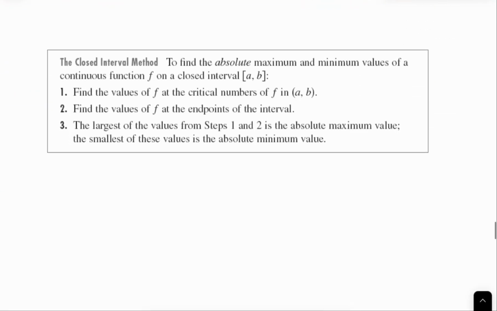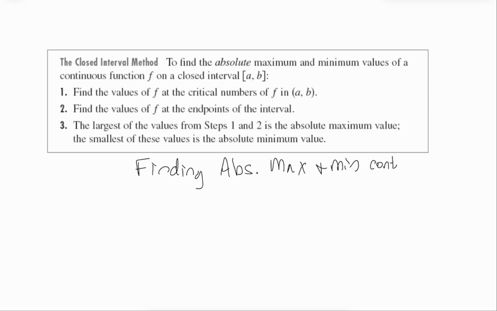Now let's talk about finding the absolute maximum of a continuous function on a closed interval. It's called the closed interval method. The first step, now I'm going to summarize underneath this. So this is finding absolute max and min of a continuous function on a closed interval.